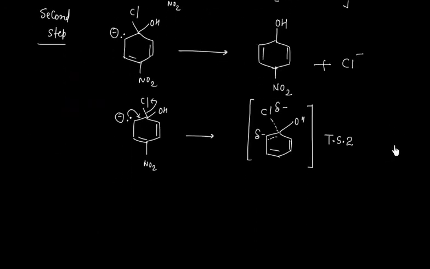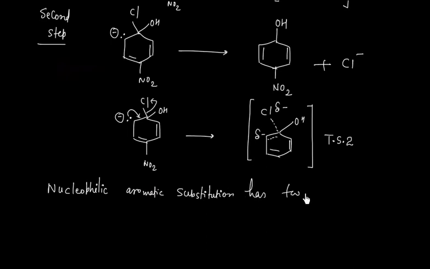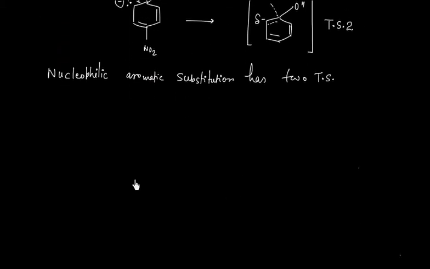So this is one way for nucleophilic aromatic substitution. It has two transition states. There is another way by which nucleophilic aromatic substitution can occur, that is called benzyne mechanism.